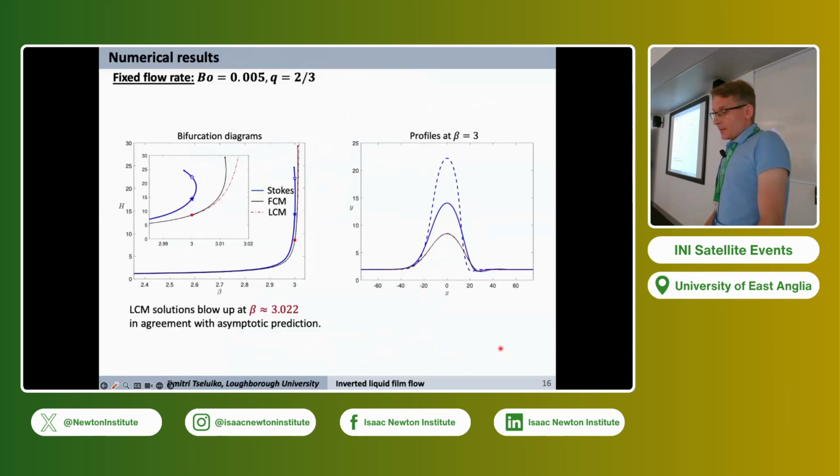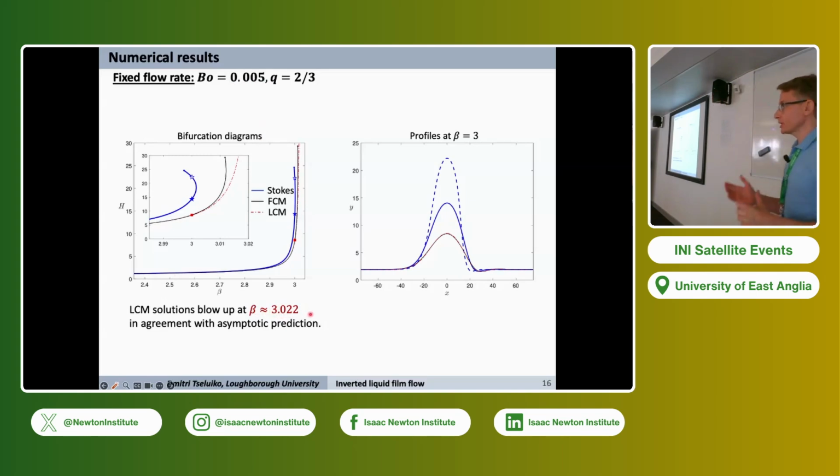Okay, now we consider the fixed flow rate case, and first let me consider the small Bond number value equal to 0.05. The linearized curvature model has a blow up at beta approximately equal to 3.022.